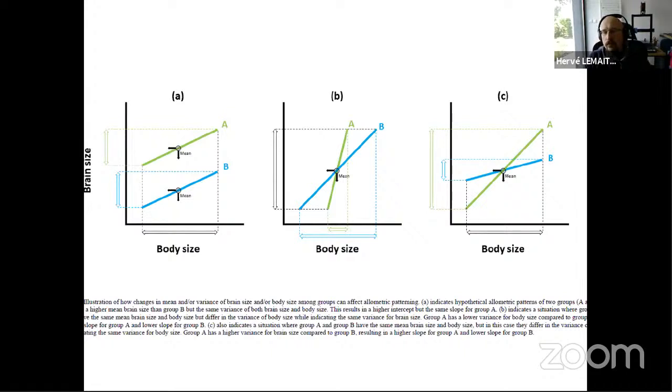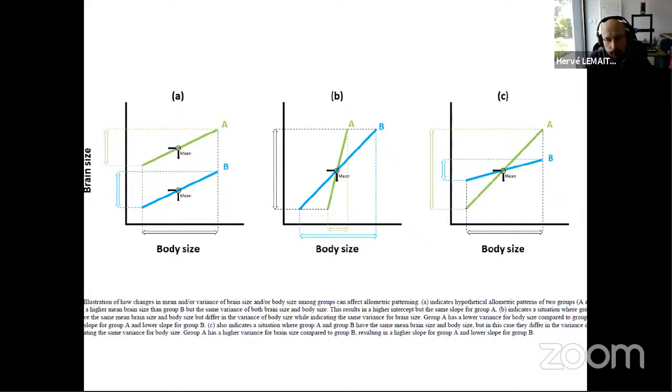So these three elements go together. They wanted to look at the variance, and more specifically, they wanted to distinguish the variance in body and brain size, and look at the shift in slope.